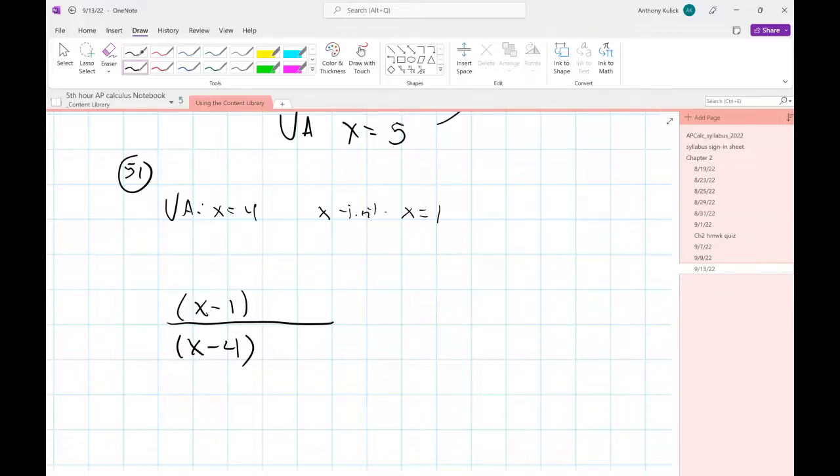It's known that we have a removable discontinuity at x equals negative 1. So that tells me that I have a factor of x plus 1 in my numerator and my denominator.